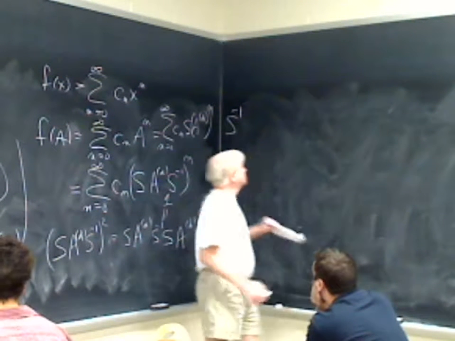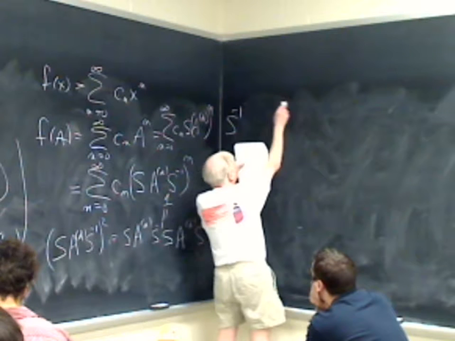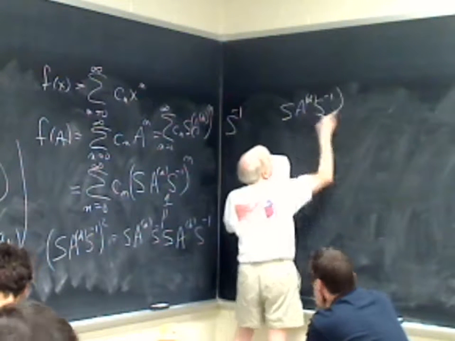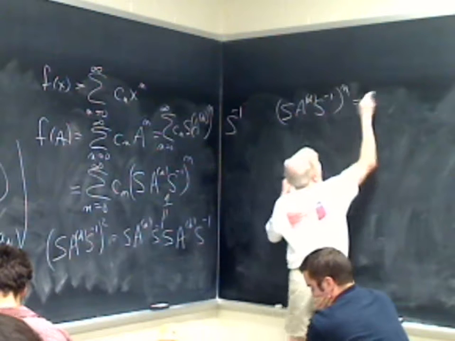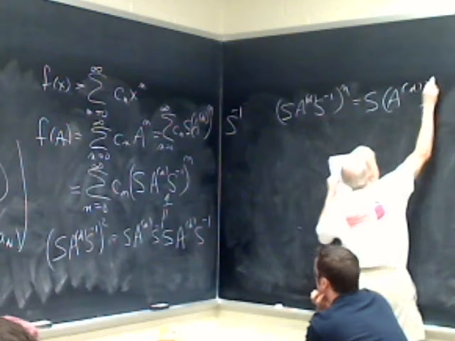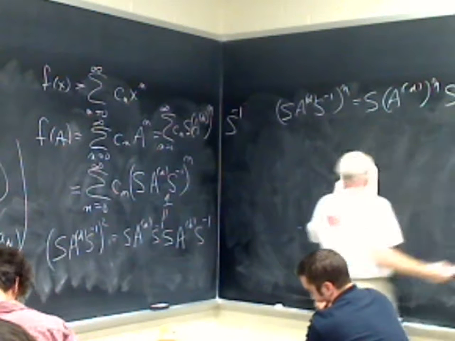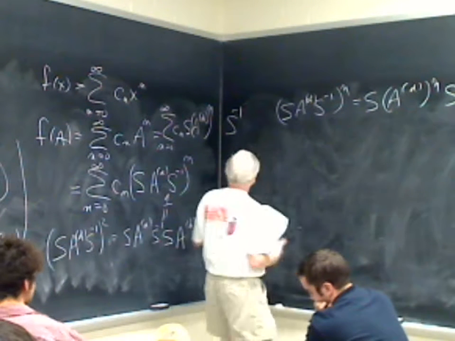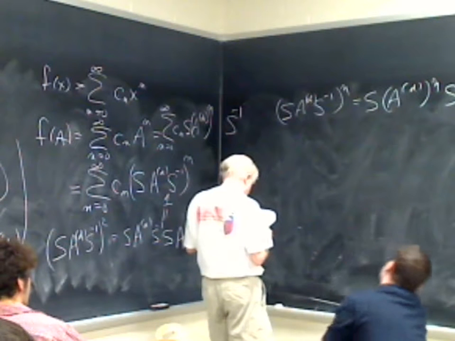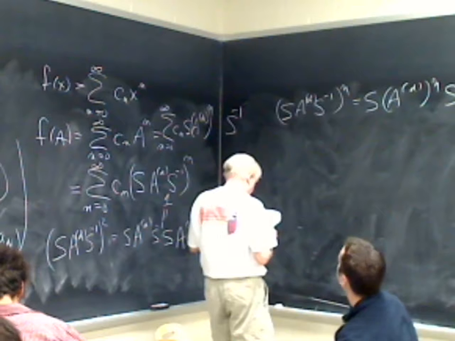All right. So in other words, what I'm using is this little rule: S A diagonal S inverse to the n equals S A diagonal to the n S inverse. Okay.